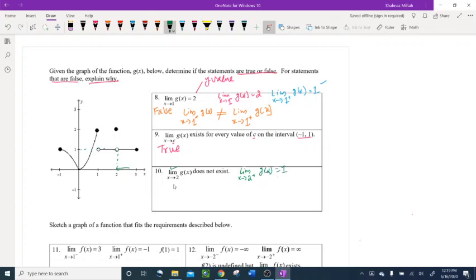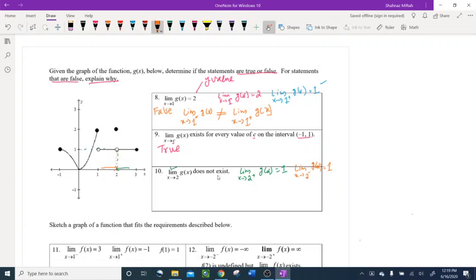Now let's try from the left. X approaches 2 from the left. I'm coming from the left, and it's right there again, 1. So limit x approaches 2 from the left of g of x is also 1, which means the limit exists at x equals 2.